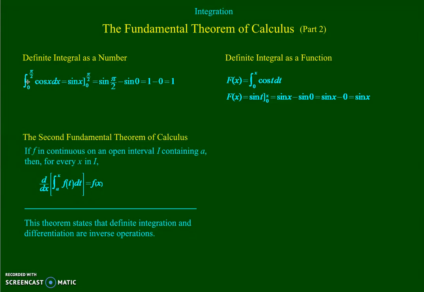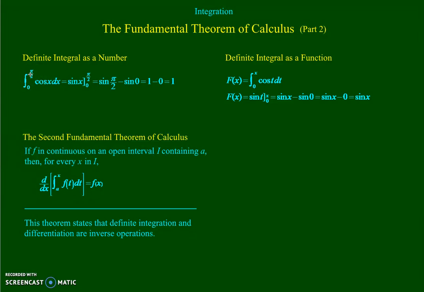Now, let's take a look at a second scenario. Let's say that we had to evaluate a function at several values of our upper limit of integration. For this function, it wouldn't really be too bad because cosine is an easy function to take the antiderivative of. But if you had a more involved function, it would be rather tedious to have to repeat this integral if you had to do this over, say, 4 or 5 separate values.